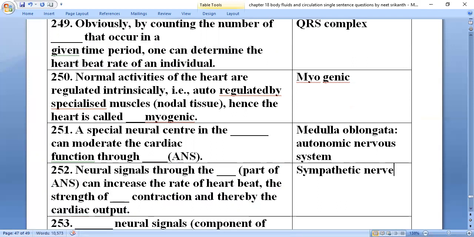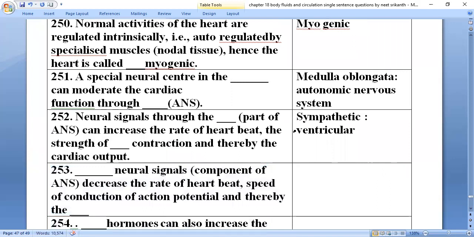part of ANS, which can increase the heartbeat and the strength of ventricular contraction, thereby cardiac output.